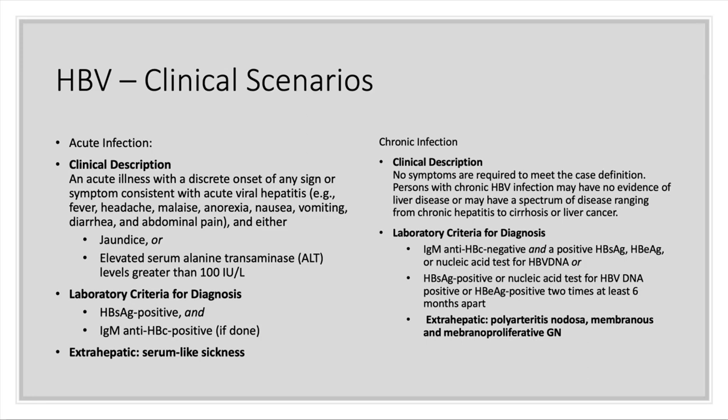Now, as you all remember from your microbiology classes, there's a bunch of serologic patterns with Hep B. It can be in the window. They can have cleared one thing or the other, and it drives you crazy.